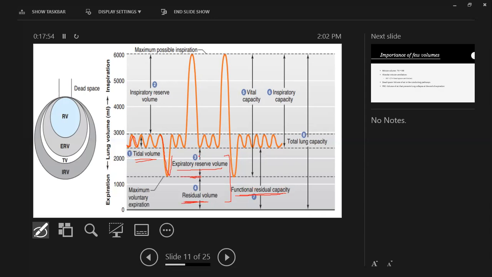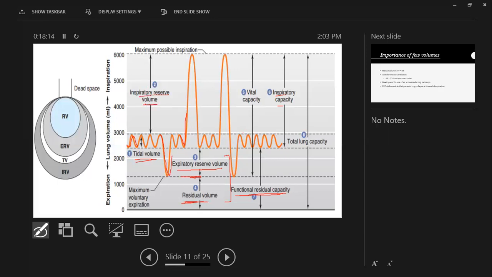What about inspiratory volumes? Suppose after a normal breathing out, the patient is taking a deep breath in, correct? After a normal breathing out, the patient is taking a deep breath in. That's an inspiratory reserve volume.